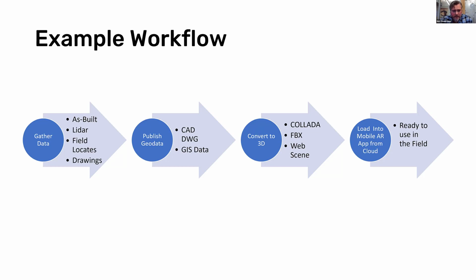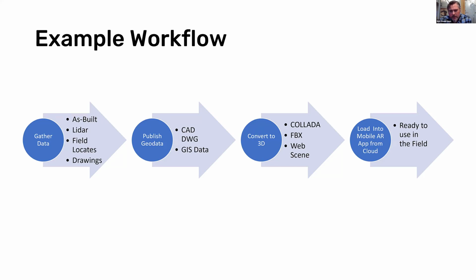So you're publishing the digital data in a GIS or CAD format from point clouds, drawings or tabular information. And then we convert to a 3D format, and we typically use Collada or FBX.